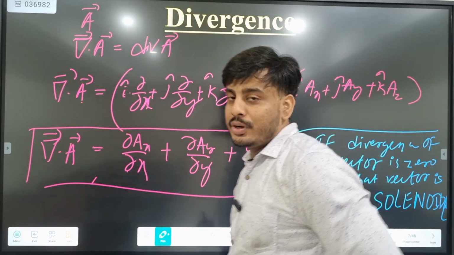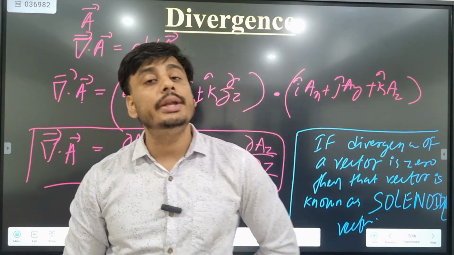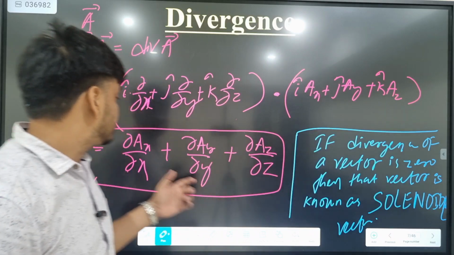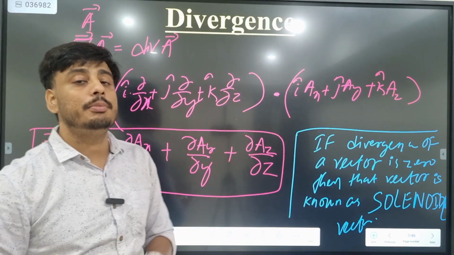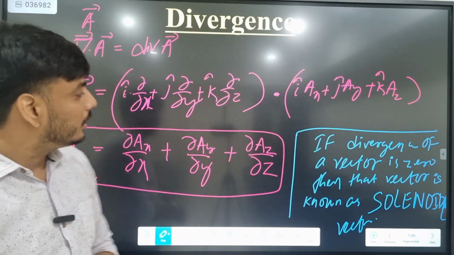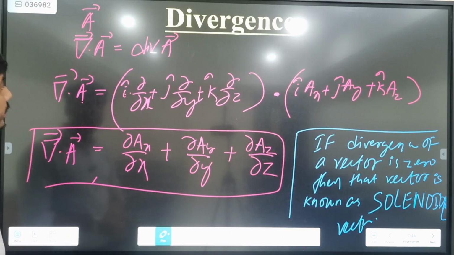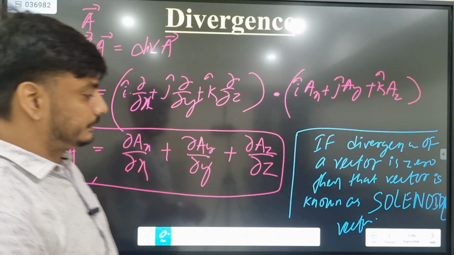If divergence of a quantity is 0, that is said to be a solenoidal vector. If divergence of A is 0, then A is said to be solenoidal vector. Clear? Let's do one numerical, then we'll go to curl.